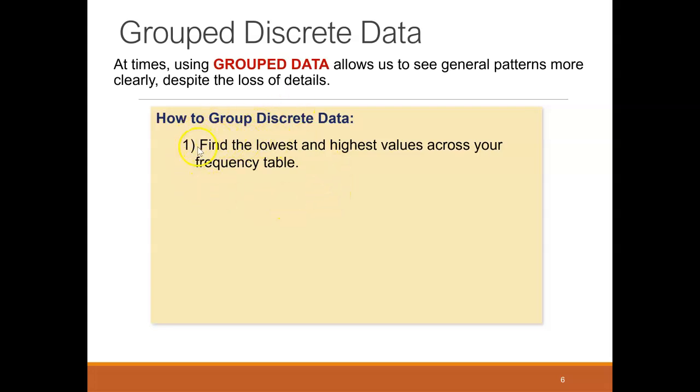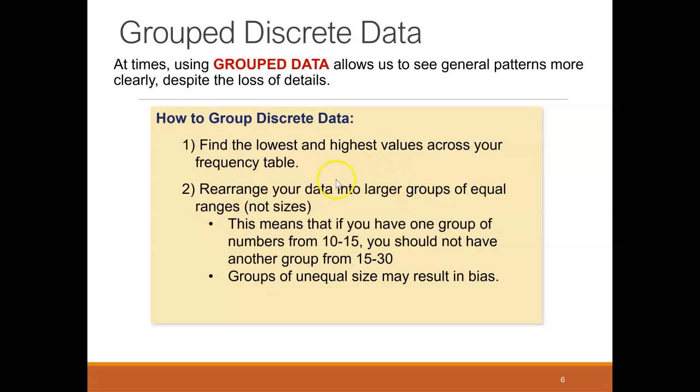Typically, to group data, you want to find your highest and lowest responses, and then arrange your data into larger groups of equal size ranges. So you don't necessarily want to make the quantities in the groups the same, but the range of the group should be the same.